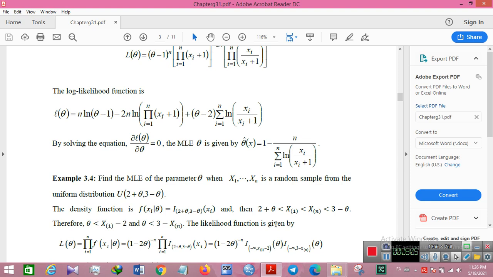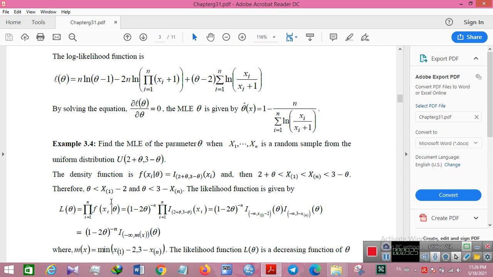Example 4. We want to obtain the MLE of theta when x1 to xn is a random sample from the uniform distribution on (2 plus theta, 3 minus theta).